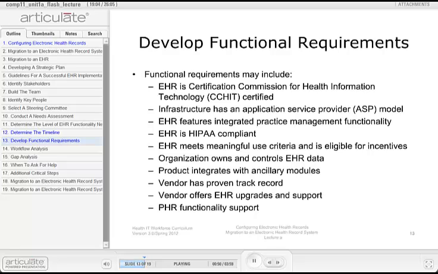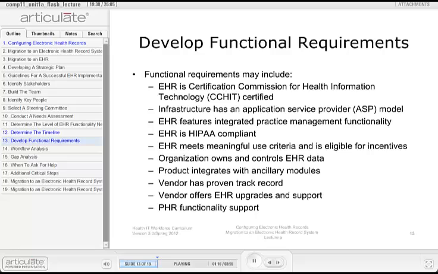Some organizations may require that its EHR infrastructure use an application service provider or ASP model. An ASP vendor hosts the servers, maintains the software, and curates the IT aspect of the service. Using an ASP vendor allows the organization to allocate fewer resources for maintaining, updating, and troubleshooting the EHR.